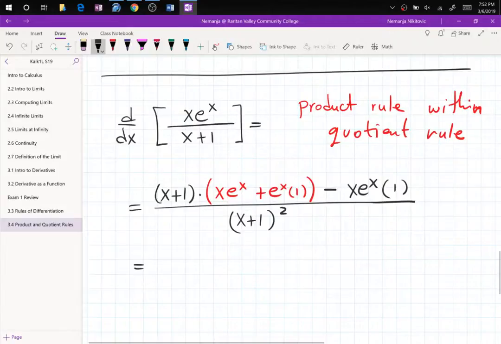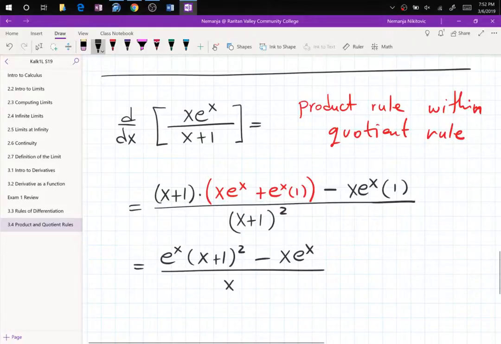I have to. So I'm going to kick e to the x from the red parenthesis. And if you notice, you have x plus 1 times x plus 1, which is squared, right? Minus x e to the x divided by x plus 1 squared.